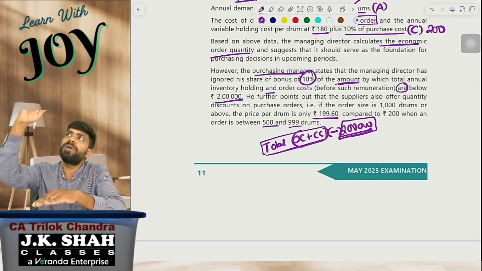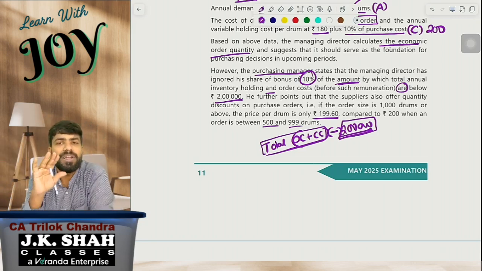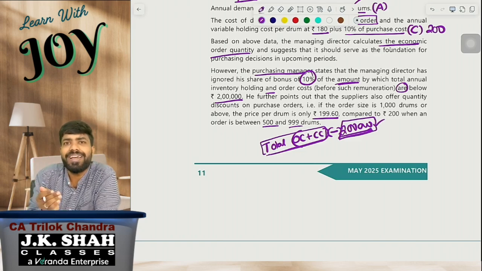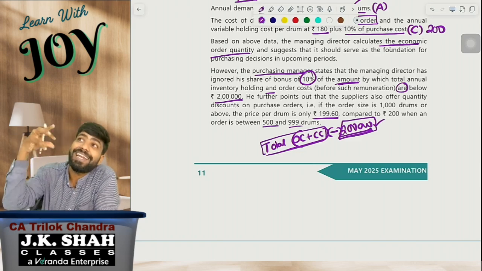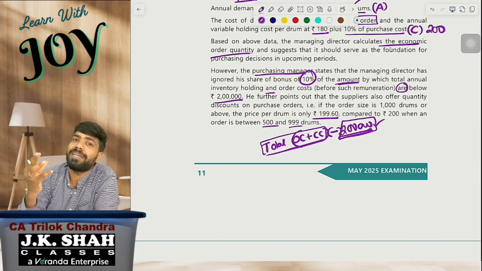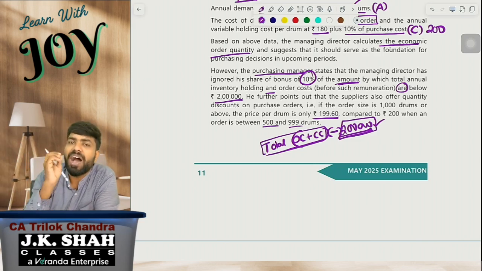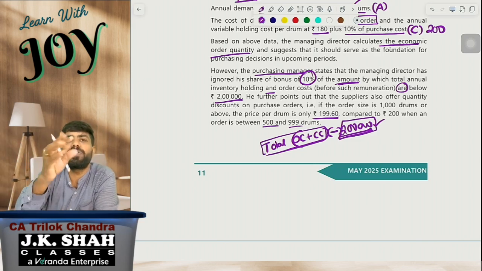Below that, how much did we save? So that means the permitted cost is 2 lakh rupees. Within that, if the purchasing manager incurs less than 2 lakh rupees, on however much cost is saved, he is eligible to get the bonus of 10%.